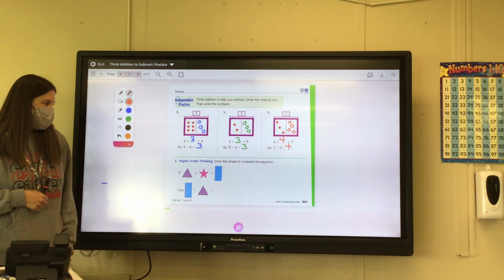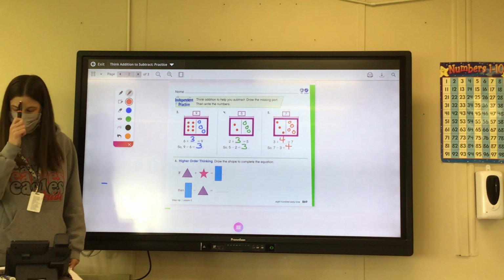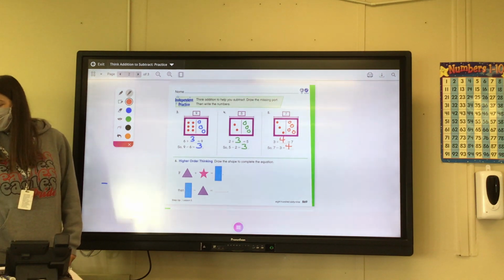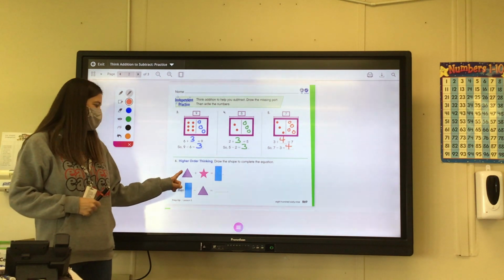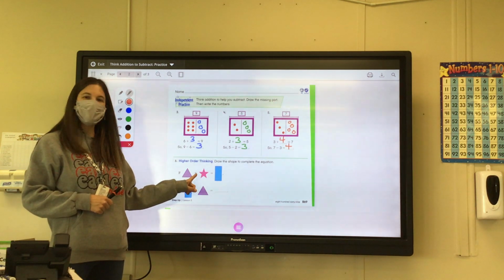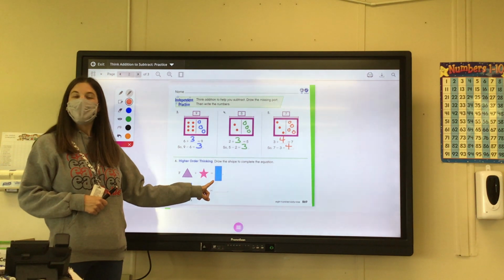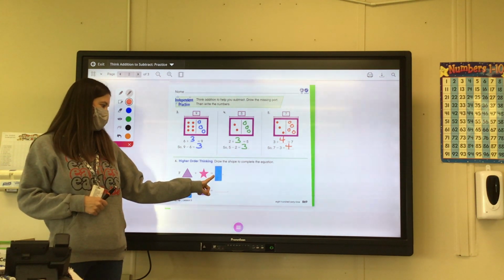Okay. Draw the shape to complete the equation. So we gotta think here. If triangle plus, what shape is this, everyone? Star equals what shape? Rectangle.